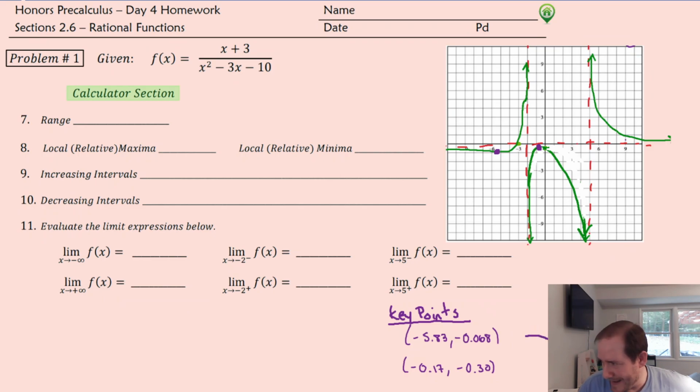So there is a little gap here, right, of values that will not be in our range. So your range needs to be -infinity up to the local max here, the -0.30.